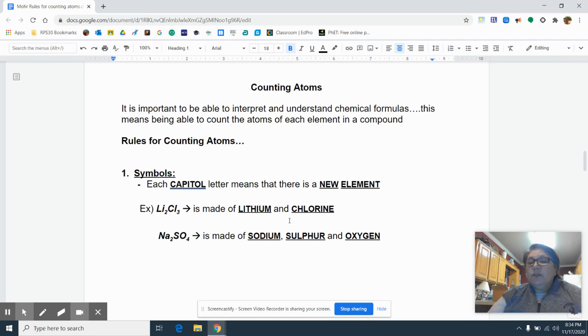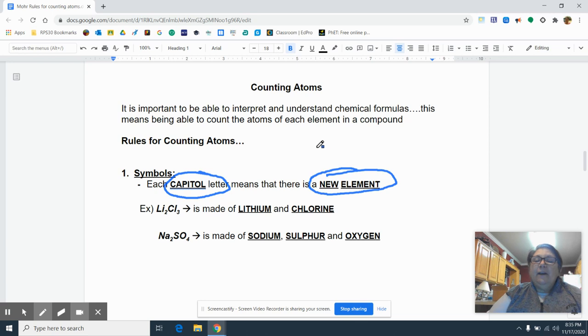There's a lot of rules for counting atoms. The most important rule of all is knowing what symbols stand for what elements. So you guys are looking for capital letters. When you see a capital letter, that means that it is a new element.